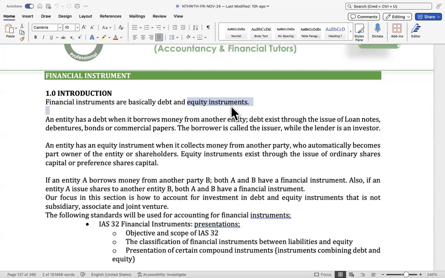Over 10 years ago, I went to a banking hall to collect some money, around 2008 or thereabout. One guy came in.